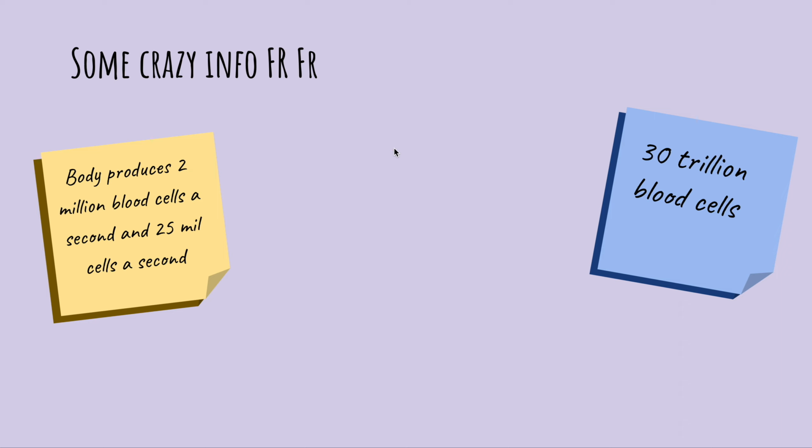That just shows you how much our body reproduces and how active our body is. All in all, we have 30 trillion cells. That's a lot. I did not know these numbers until recently, and I was very shocked.